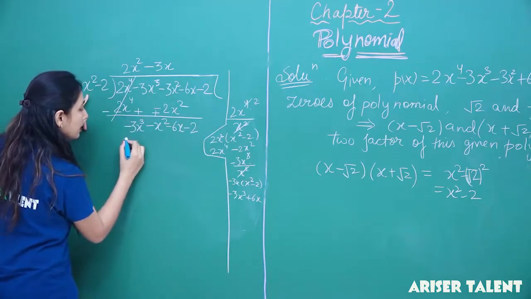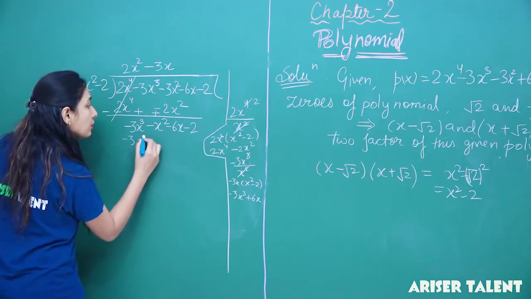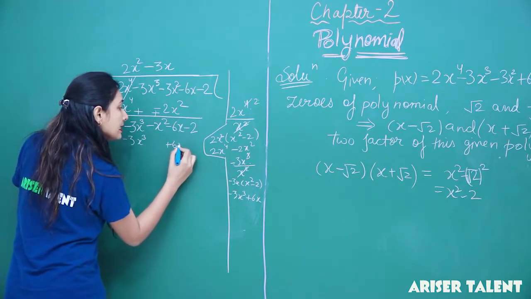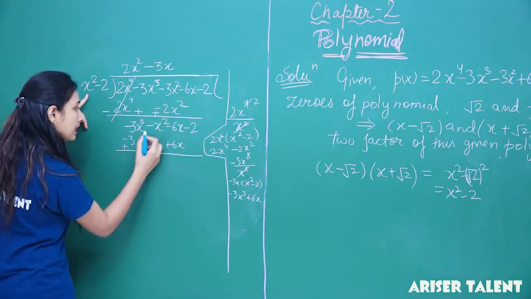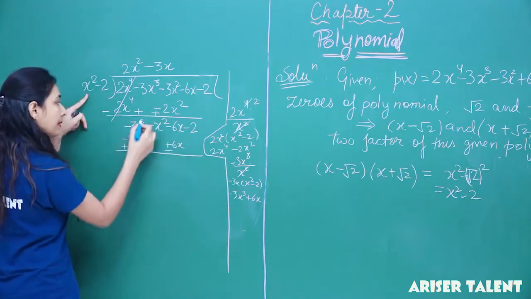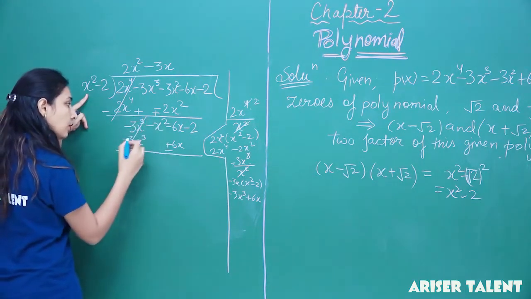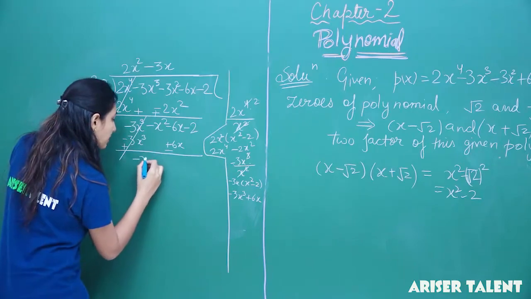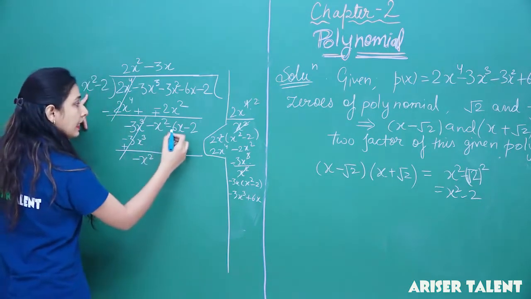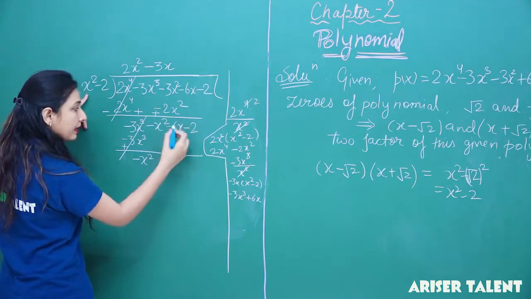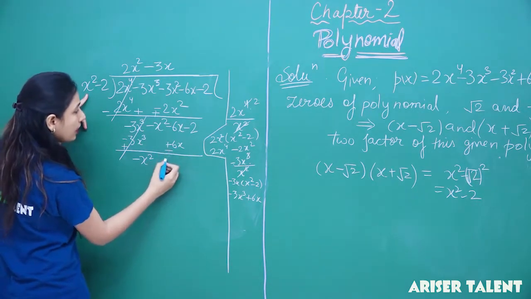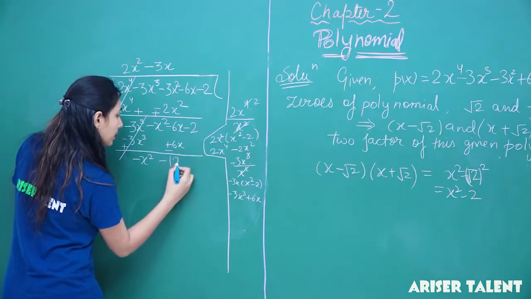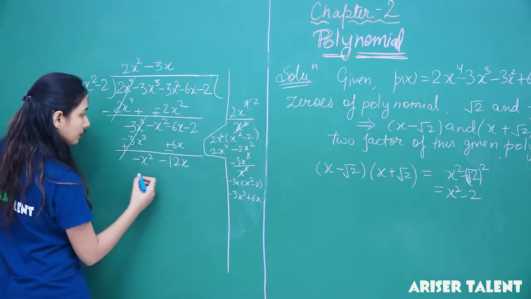So write this here, minus of 3x cube and plus of 6x. Now that will be plus, that will be minus. It will cancel out. Okay. Minus of x square as it is. Then this is minus and this is minus again. So this will be 12x here.